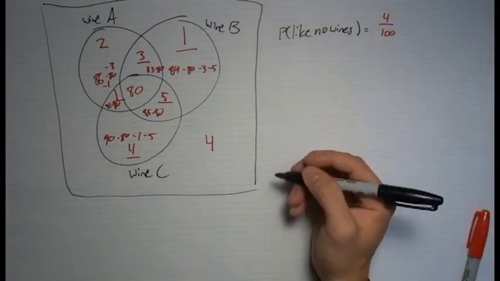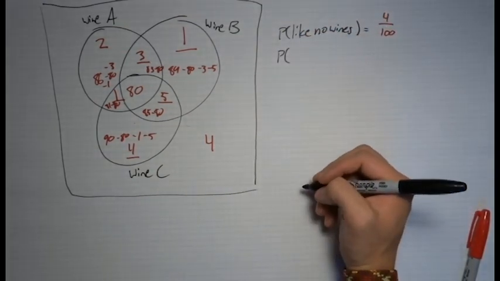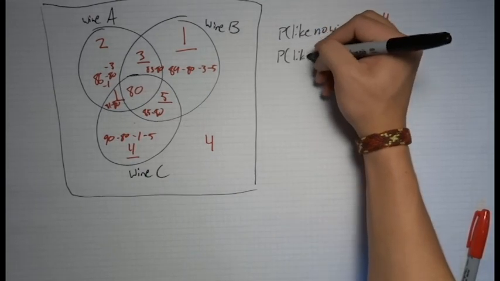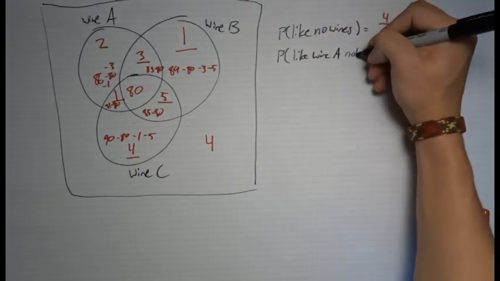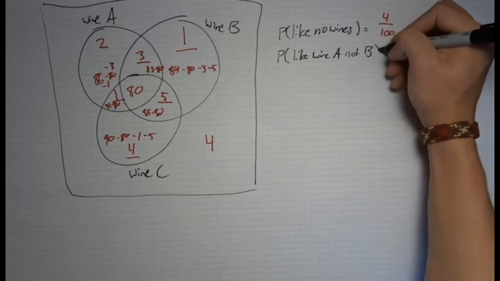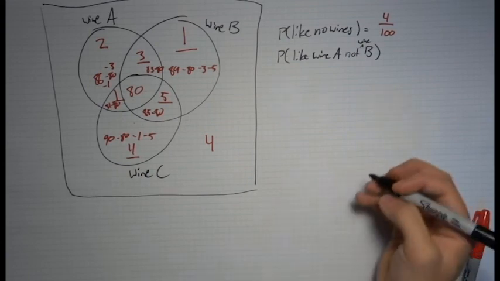All right, part B. Probability that a person picked randomly likes wine A and not B. So they don't like wine B, but they like wine A. All right.